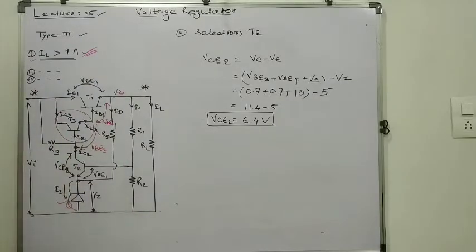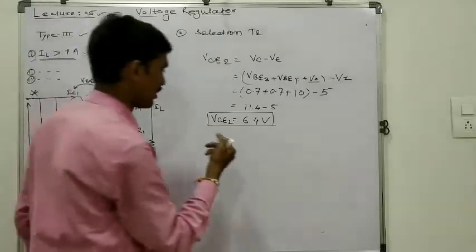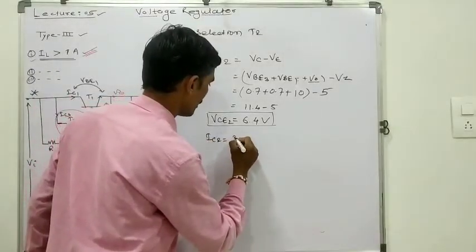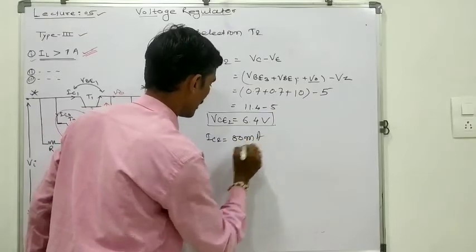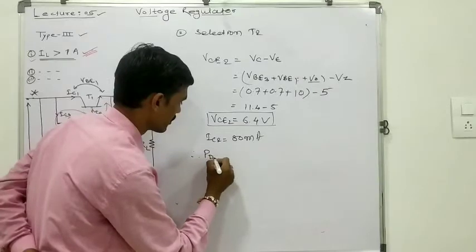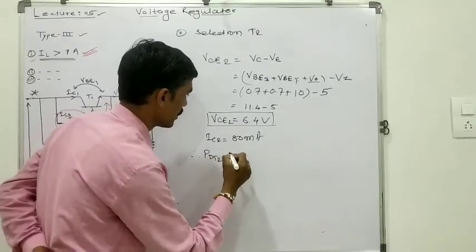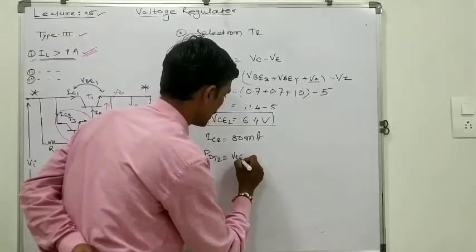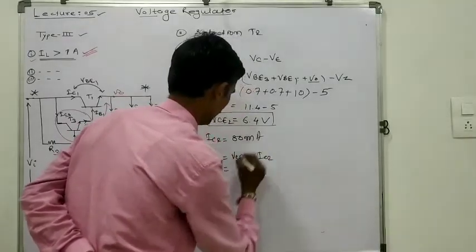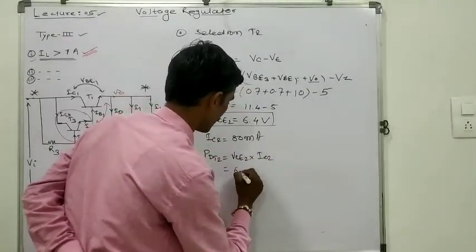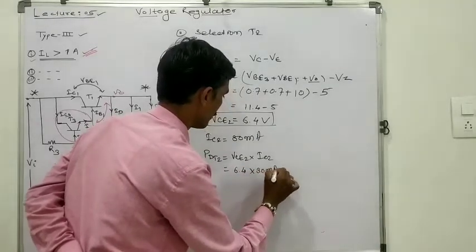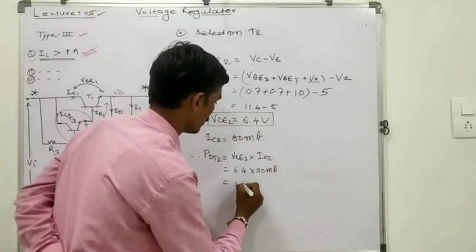Now we have the value of IC2. We just assumed in the previous case that IC2 is 30 milliampere. Therefore, the power dissipation across the transistor T2 is VCE2 multiplied by IC2. So it is 6.4 multiplied by 30 milliampere.